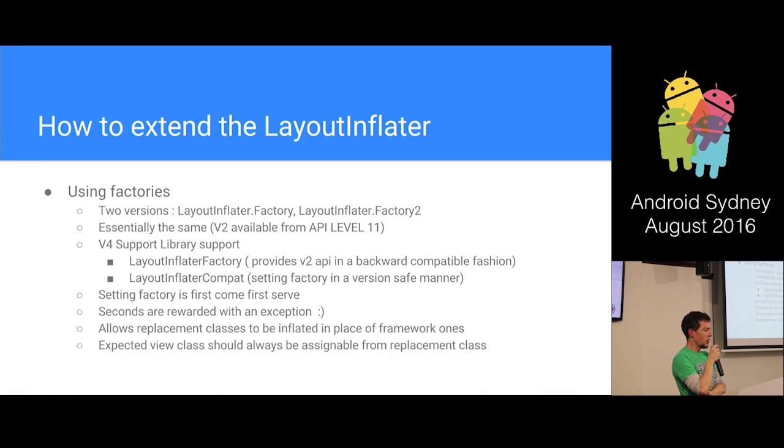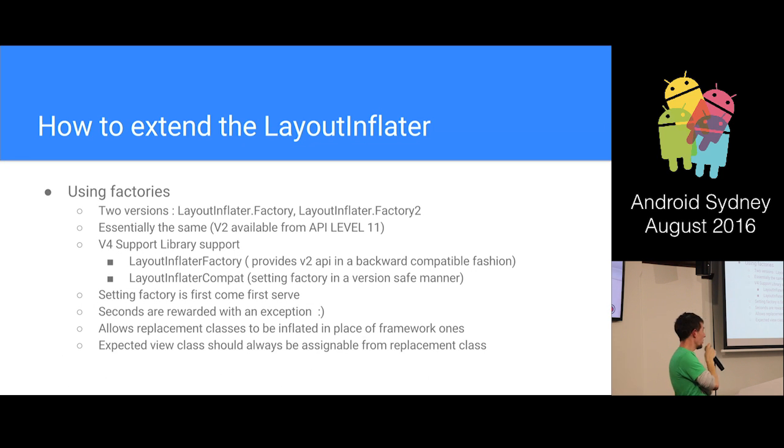What we're looking for is the second one, which is called a factory. Since API level 1, there's an interface declared in the LayoutInflater called Factory, and later, from API level 11, there's one called Factory2. Basically, they are the same. The signature of the factory method is a bit different, but that doesn't really make any difference in our case.